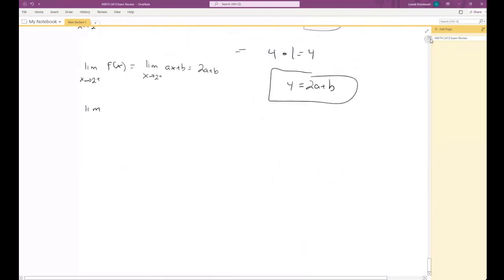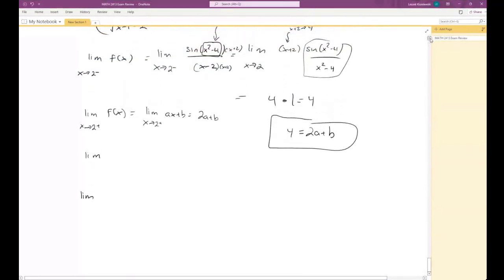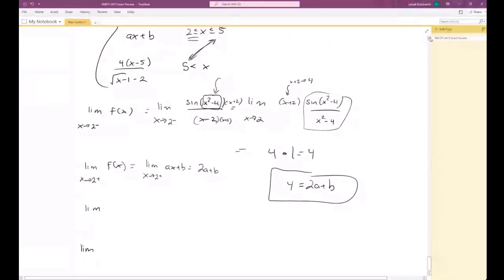All right, so then the limit, what was it, 5? Yeah. So the limit as x approaches 5 from the left, we would use the piece that's appropriate.